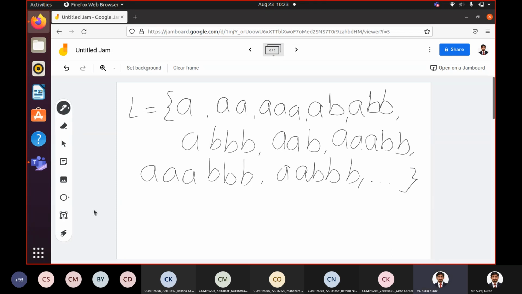Now, what is the condition? Which strings are represented by this language? Find out the pattern.